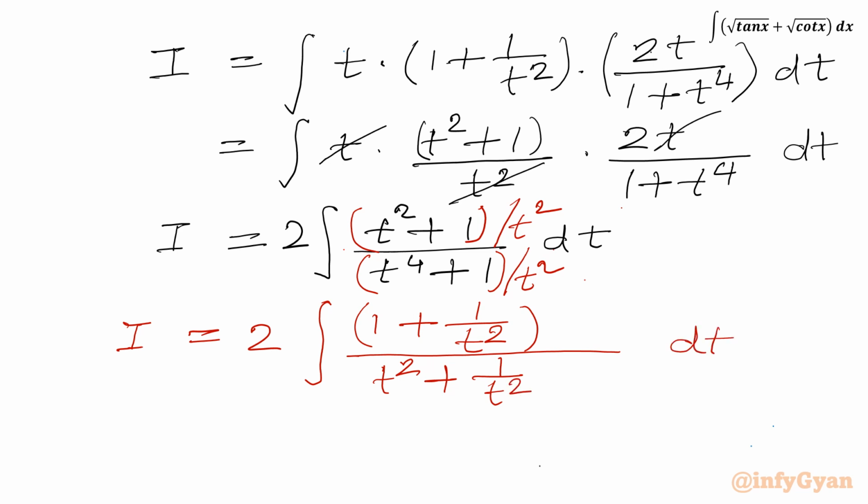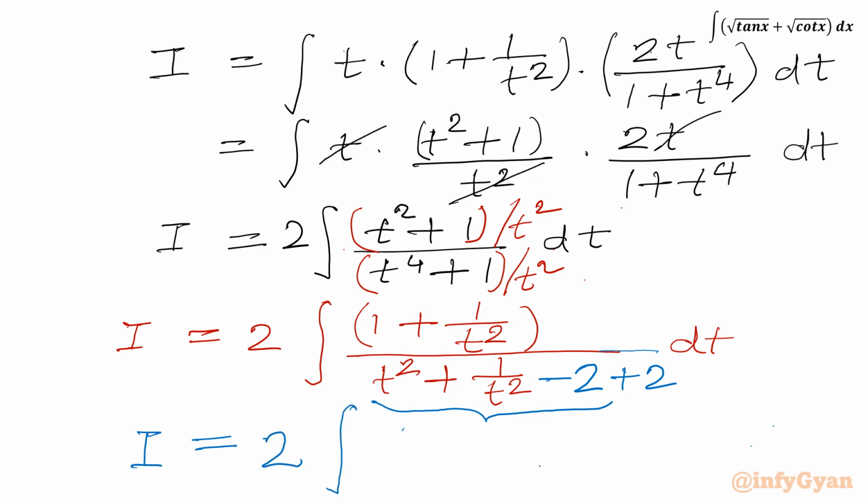Now I will add and subtract 2 in the denominator. So I will be writing here minus 2 and plus 2. So from these three terms, I can write I equal to 2 times integration 1 plus 1 over t square. In the denominator, it will be t minus 1 over t whole square plus 2.